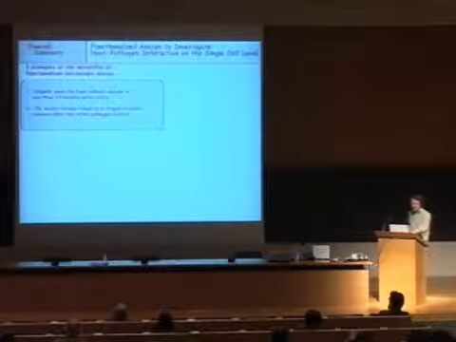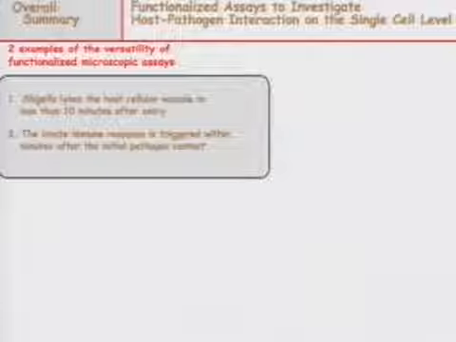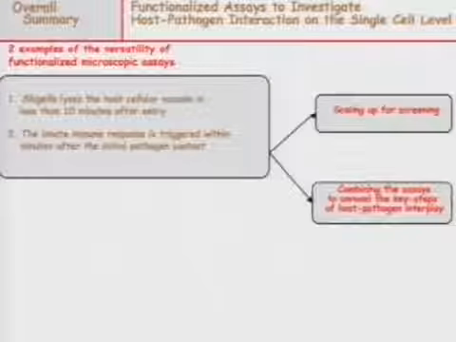With this, I would like to close by highlighting the two aspects I presented to you. I showed you a novel assay for vacuolar escape of Shigella that indicated escape in less than 10 minutes. And I've shown you that the instant innate immune response is triggered within minutes after the initial pathogen contact.